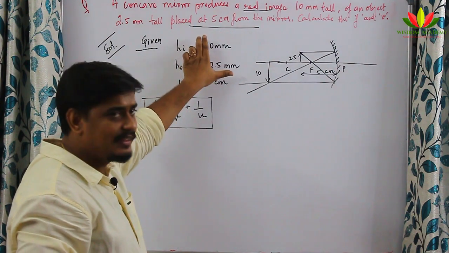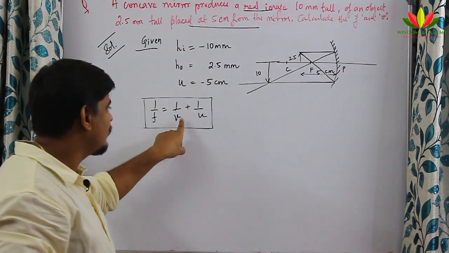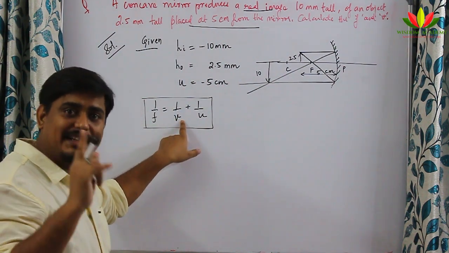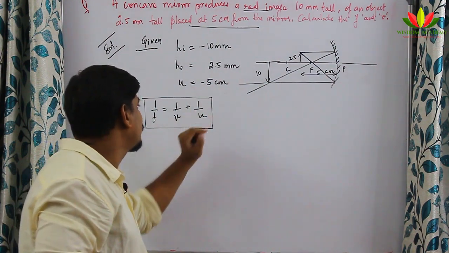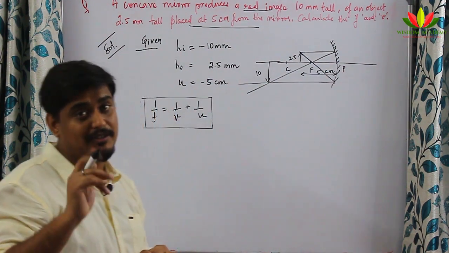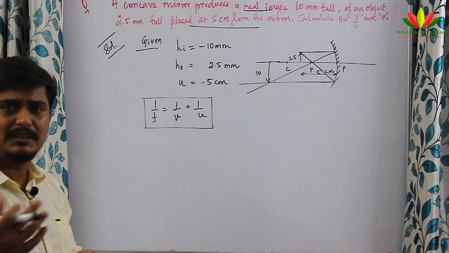If you don't put it here, you will make a mistake. Never put the sign convention in the formula. Put the sign convention only in the values. I should not write minus u here or minus f here, it will give me a wrong answer. So automatically my answers will come in minus or plus, whatever is the required answer.